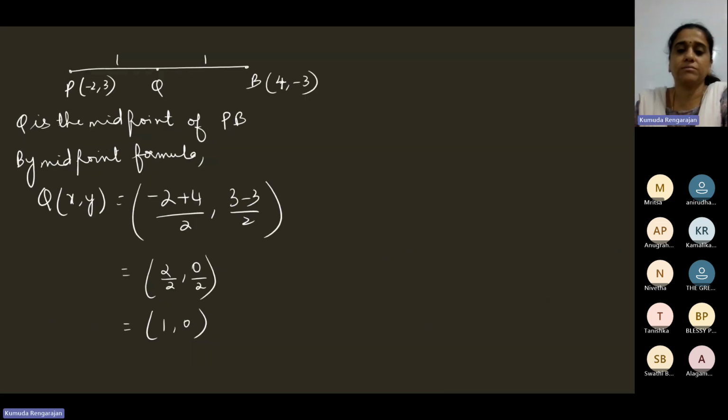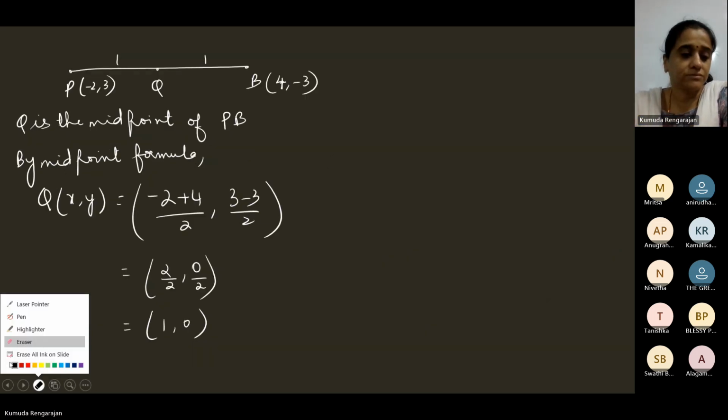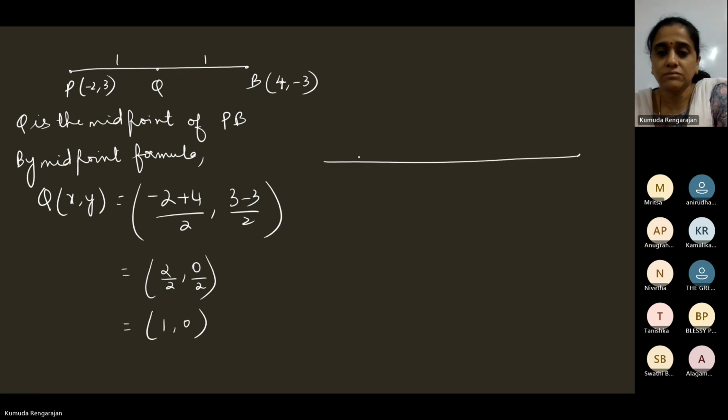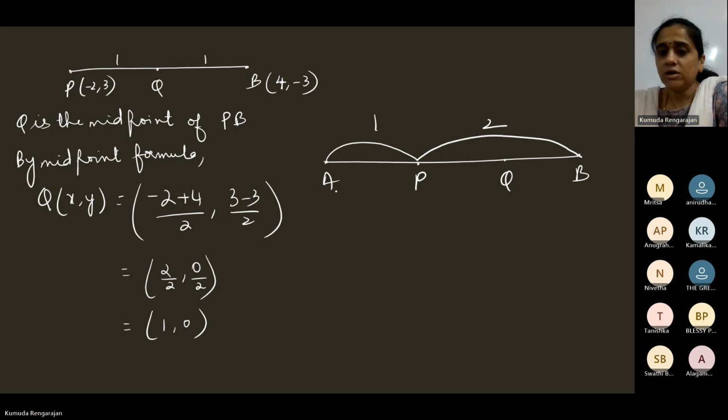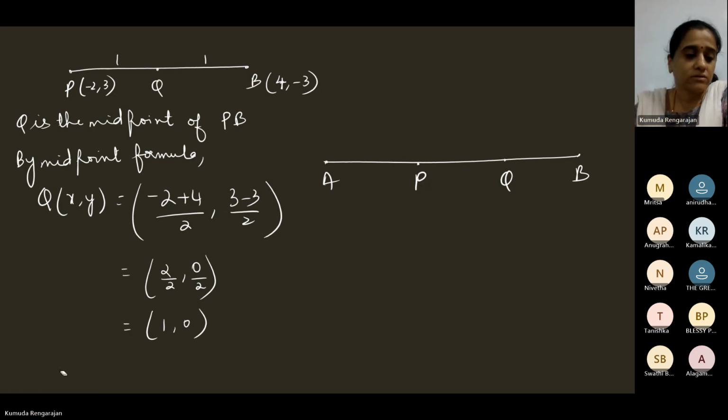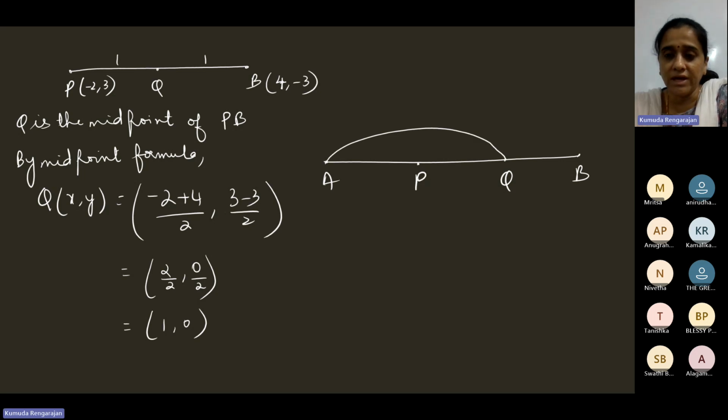So we have A, P, Q, and B, right? So you can use the ratio 1:2 and the section formula to find the coordinates of P. Then to find the coordinates of Q, AQ is 2 parts, QB is 1 part.